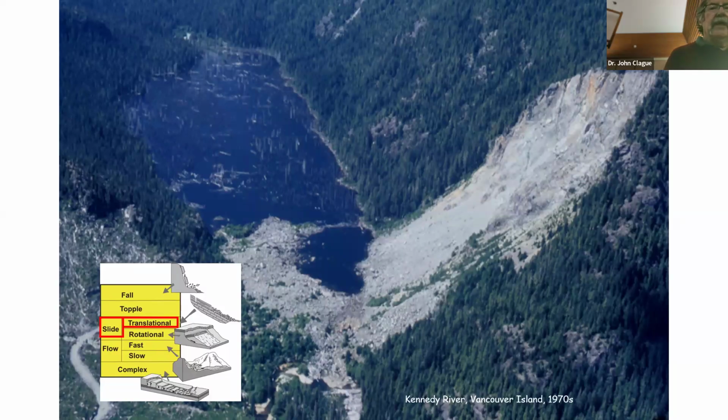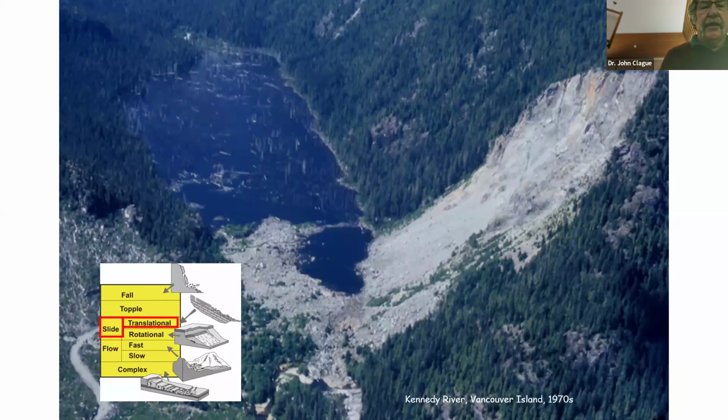And if there's a stream in the valley, a massive rock that comes to rest will impound water behind it and create a reservoir. And this one that I showed here in this slide is an example of that. It's a rock slide on Vancouver Island, near the road from Port Alberni to Tofino, called Kennedy River.